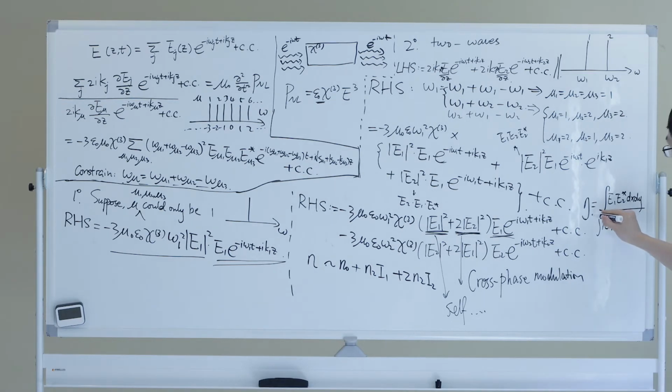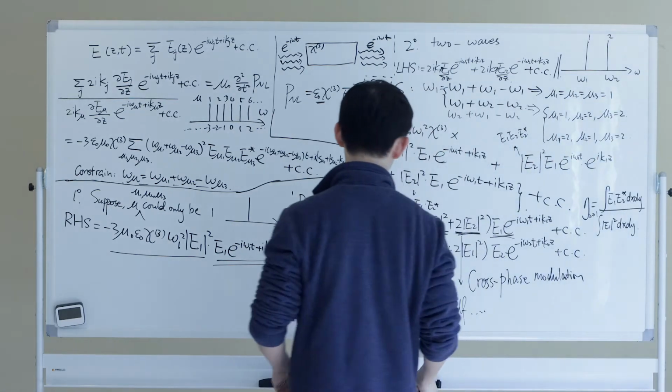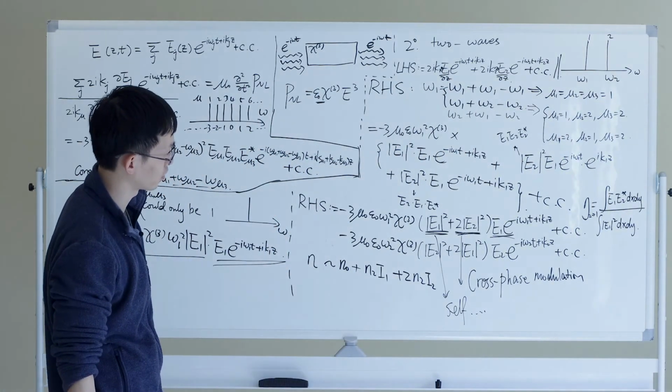This is for 2 to 1. Okay, it's normalized because this way, if they are not overlapped, then it's 0. If they're perfectly overlapped, e1 equals e2, then these cancel each other, so you have an overlap factor of 1.